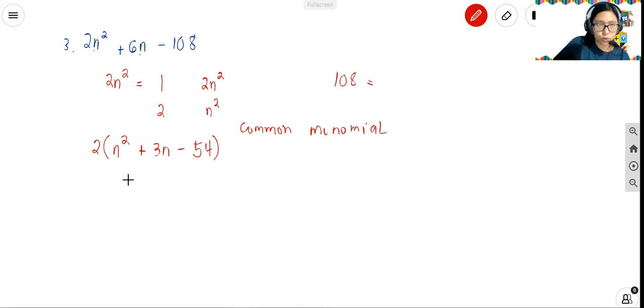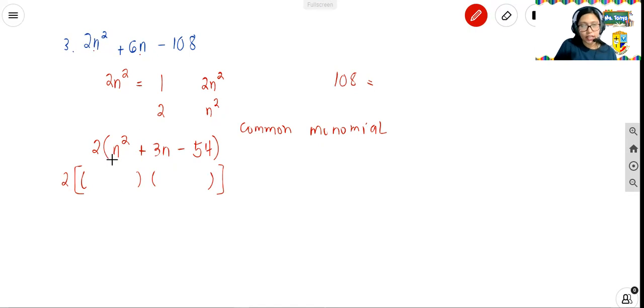Now, what I need to do is just write the 2 here and then use a bracket to separate the factors of n squared plus 3n minus 54.